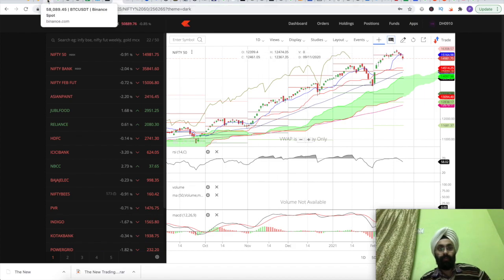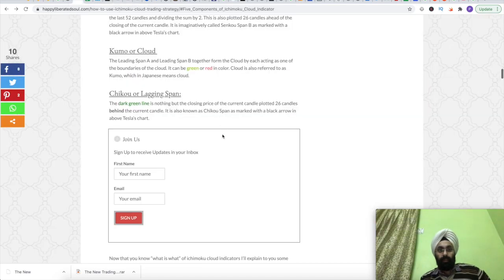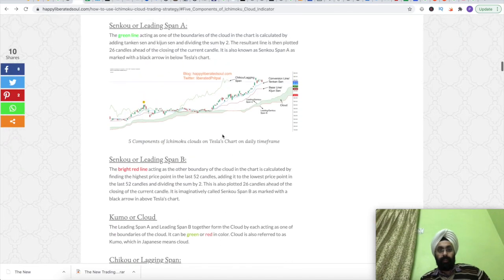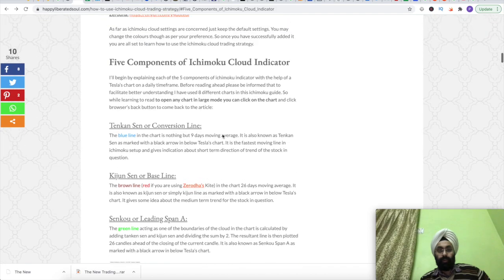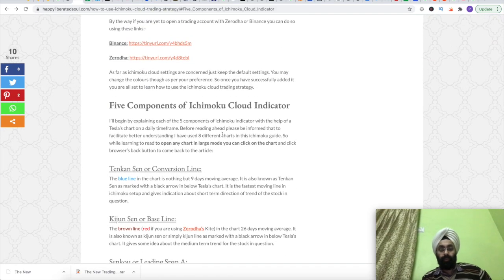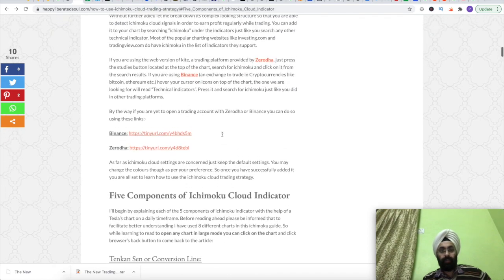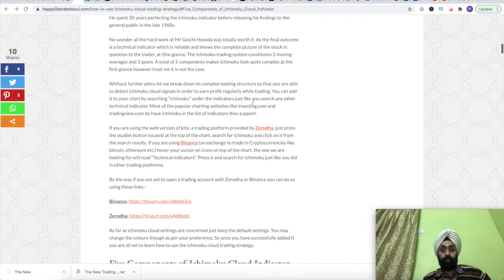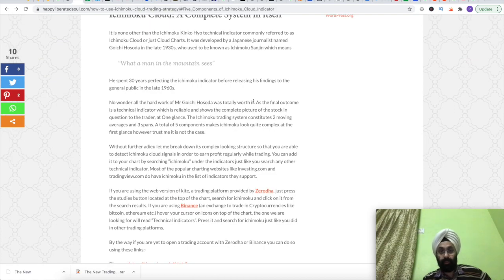So in order to summarize, we have covered what Ichimoku is and who developed it. Since it was developed by a Japanese person, it is a Japanese indicator.